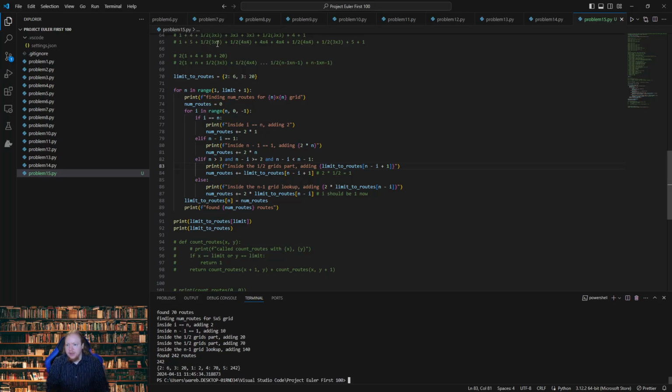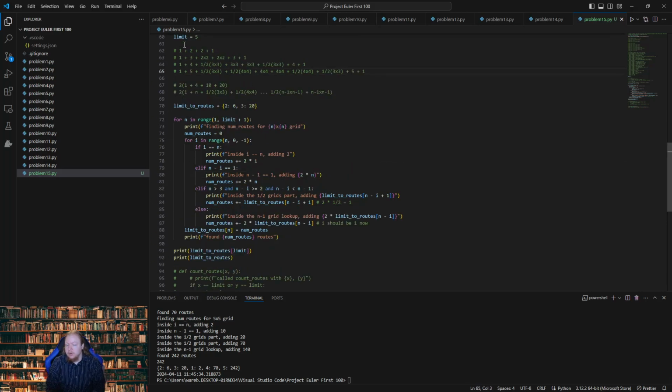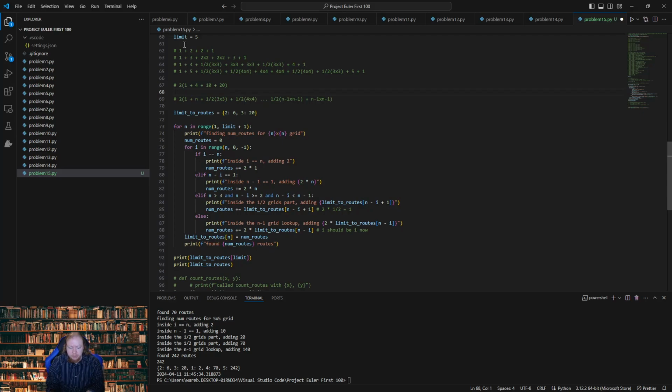Again, assuming this formula is correct, which I don't know if that's a fair assumption or not. We have our 2. Let's copy this down and have our actual numbers here.